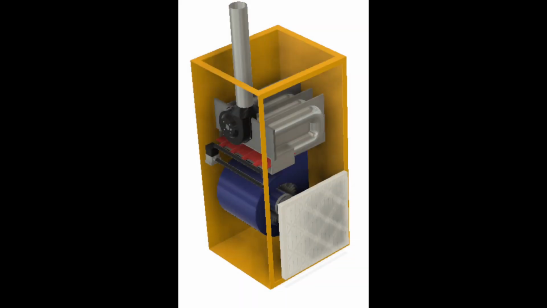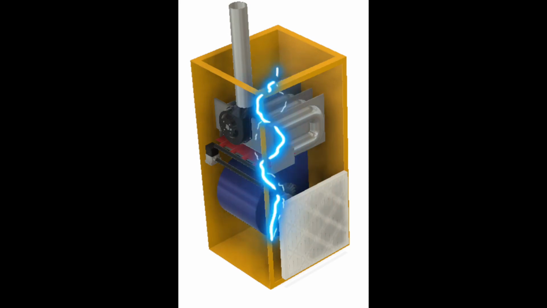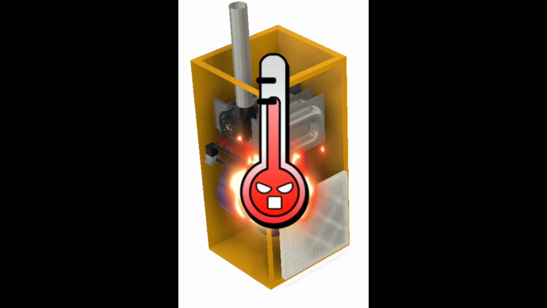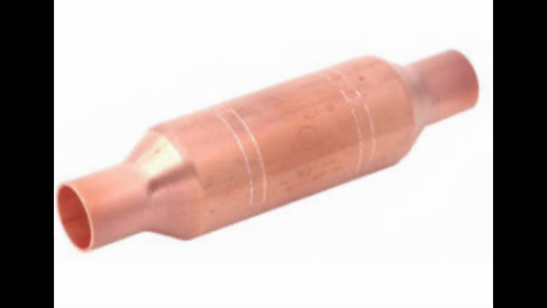Whereas with a standard gas-fired furnace, or if you have electric heat strips, you're burning fuel or using electricity to generate heat to heat your house. Heat pump systems will usually have 2 metering devices and 2 check valves: 1 metering device and 1 check valve on the indoor air handling unit, and 1 metering device and check valve on the outdoor unit.